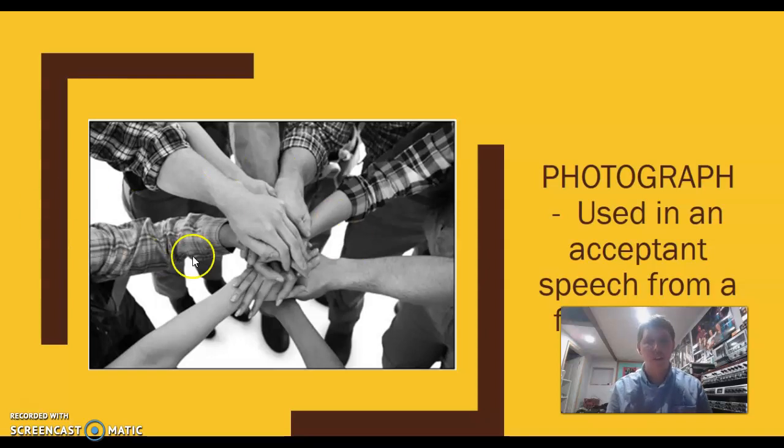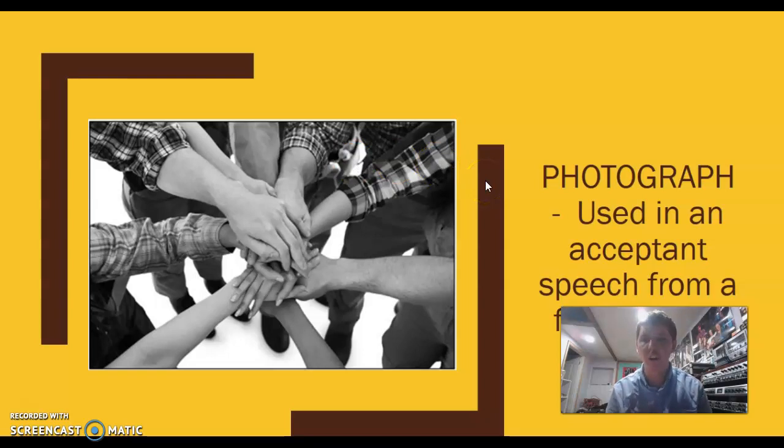So, let's look at the features. We've got hands overlapping. There's female hands, so we can assume based on the long fingernails, and there's male hands. They're overlapping and they're joining together. We also notice the clothing. So some of the sleeves are rolled up.